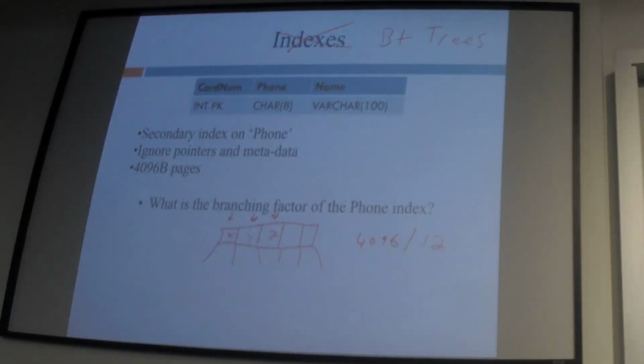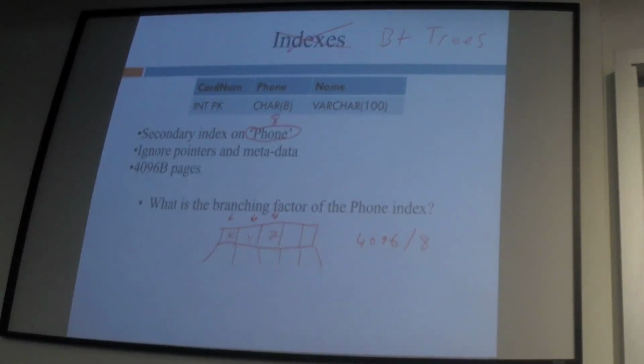So do we put the secondary key plus the primary key in the internal nodes? Oh, sorry, this is internal. No, we don't. Right, so the only thing that an internal node of a secondary index holds is the key of the secondary index. So the key is just phone.